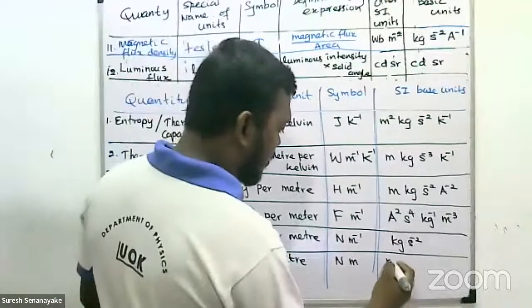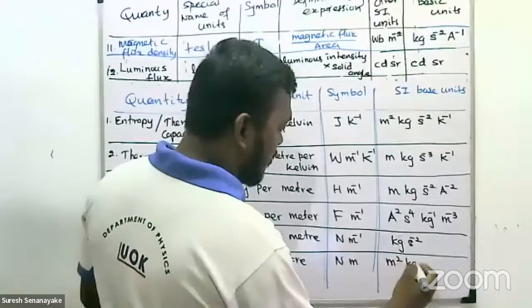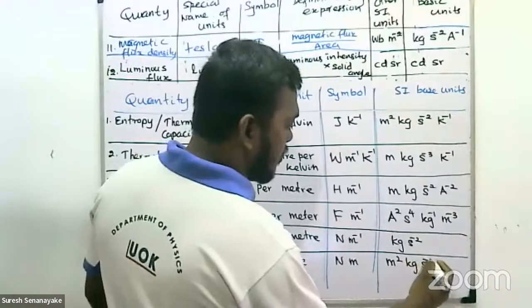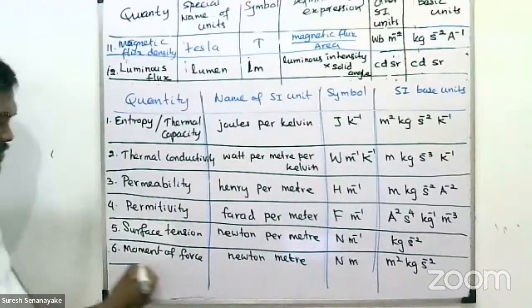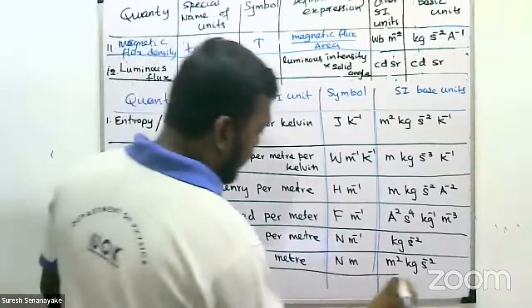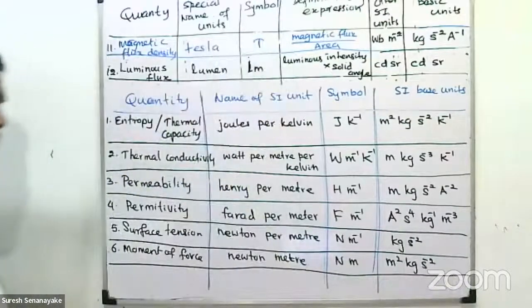In base units you can write square meter kilogram per square second. This is similar to the energy unit.